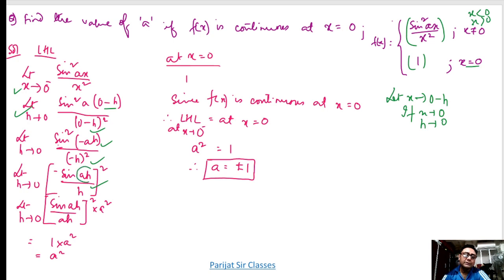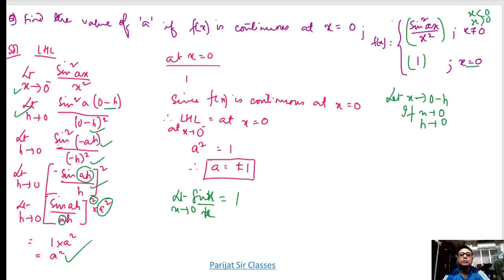But we have to match this angle, so I have to put here an a, and that has to be adjusted with a square because it's a square. Already I told you, limit x tends to 0, sine x by x gives you 1. So this gives a square.